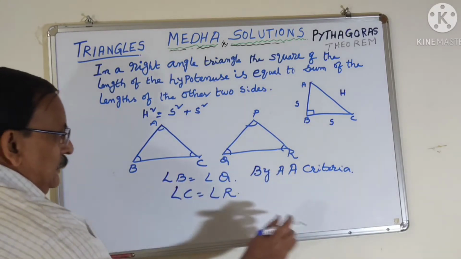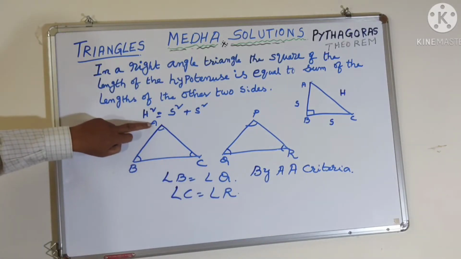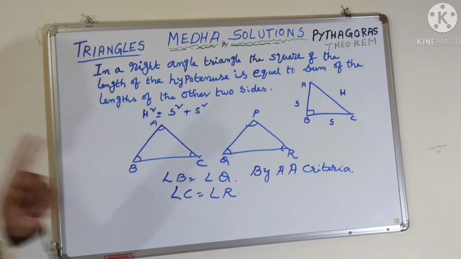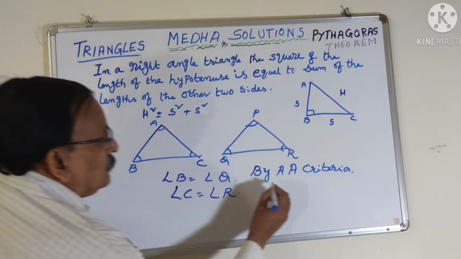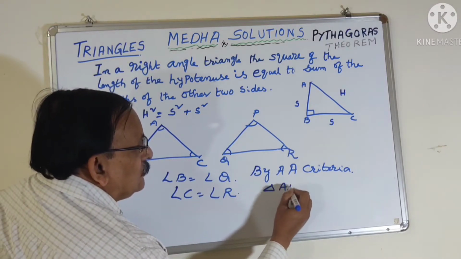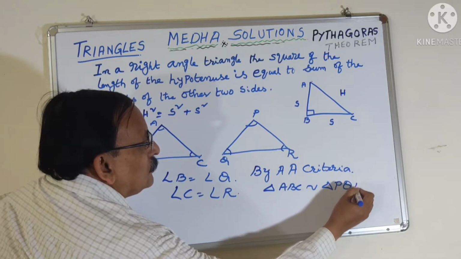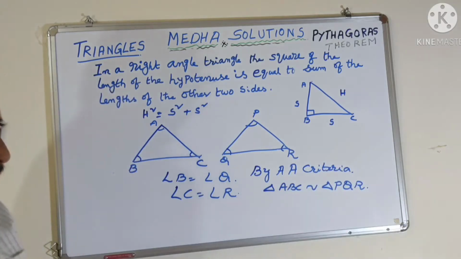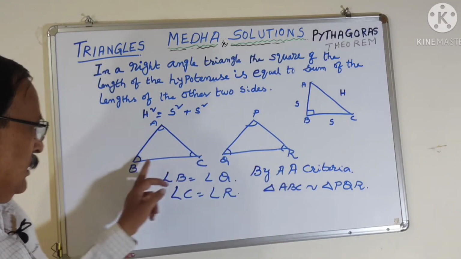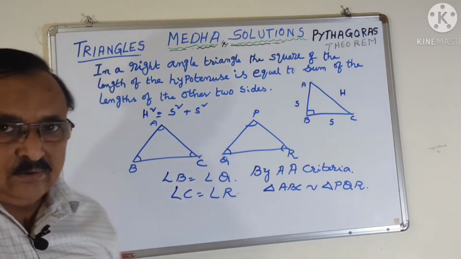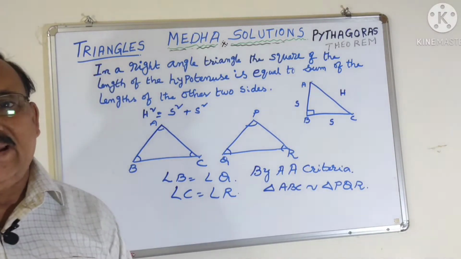By AA criteria, see the order. I am taking this order from A, B, C. The same order we have to take here also, P, Q, R. Triangle ABC is similar to triangle PQR. Then if two triangles are similar, corresponding angles are equal, and then we have to write the ratios of the sides.